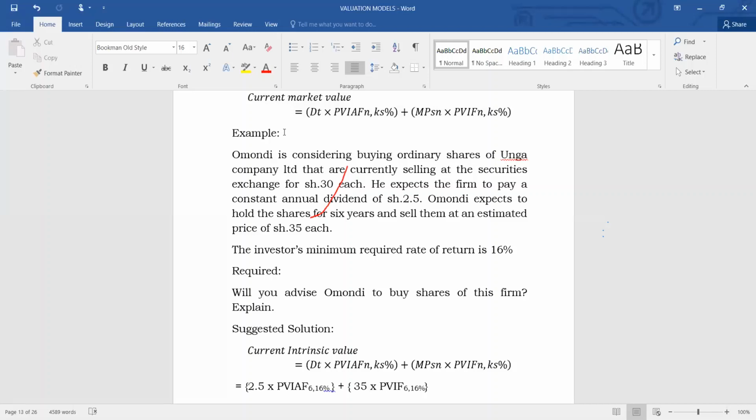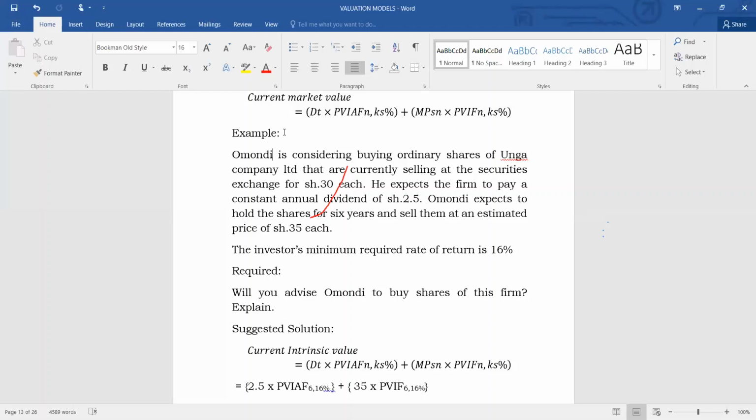And once you establish that, it forms the basis of making appropriate decisions, whether to buy or sell securities at the prevailing market price. For us to be able to advise Omondi, we need to find out whether these shares are overvalued or undervalued by the market. That means we have to compare the intrinsic value of the shares with the current market value.